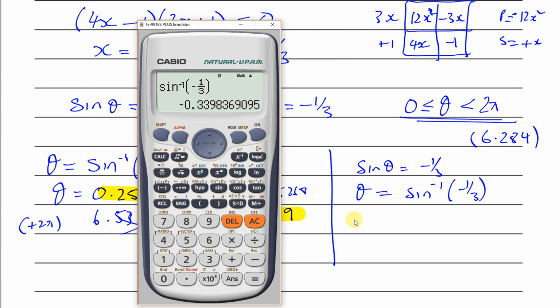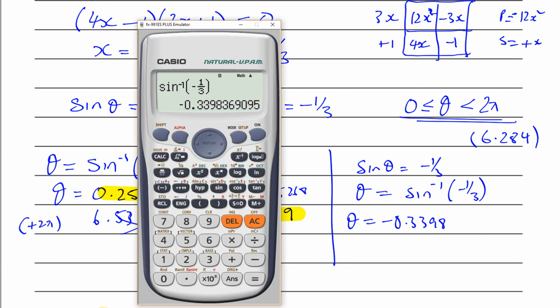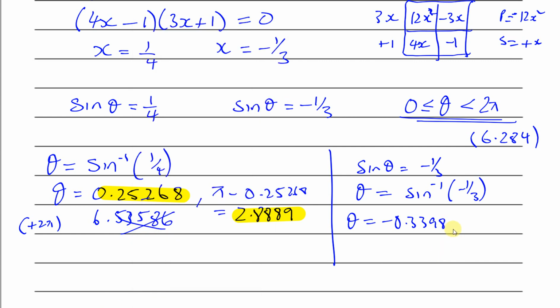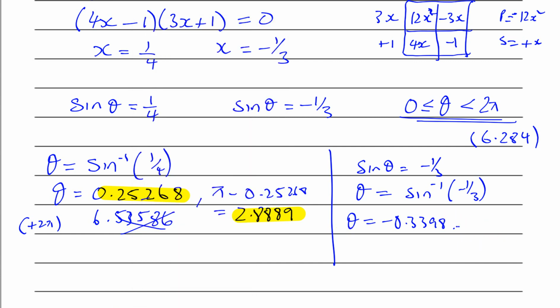So theta equals negative 0.3398. Okay, that is the first angle that we get.